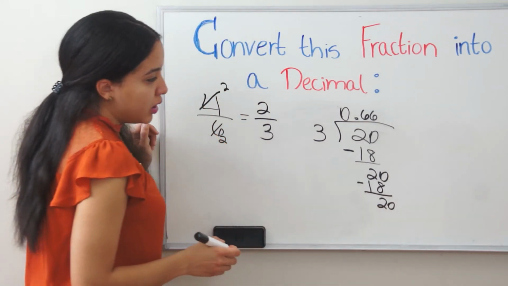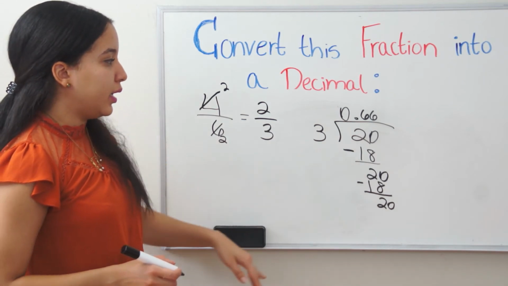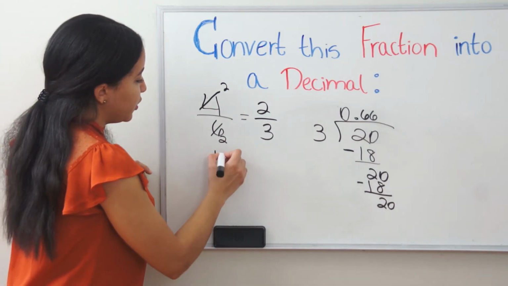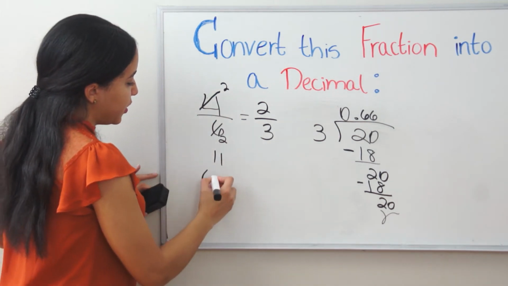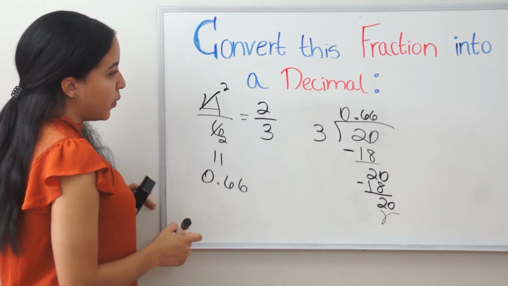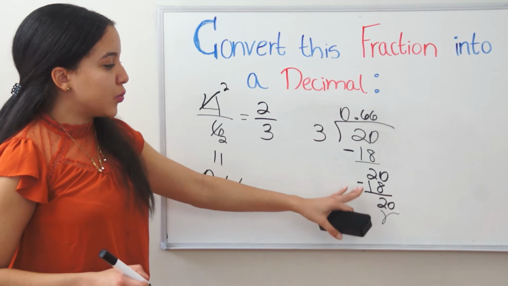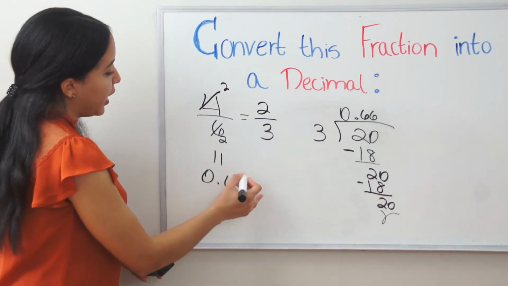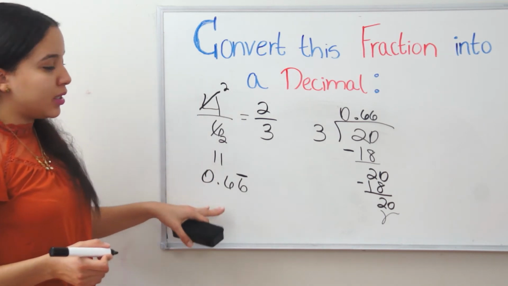So if you notice, you get the same answer again and again. So in this case, we will just leave it over here, and we will get as an answer 0.66. When we see that a division continues with the same answer, we add a line over here, which means that this is periodic.